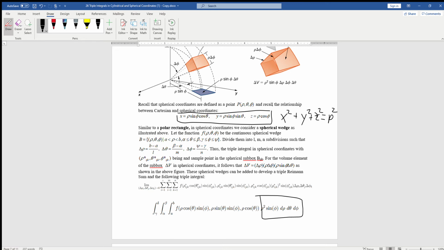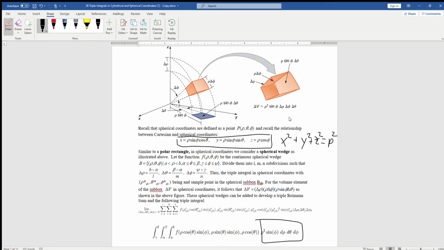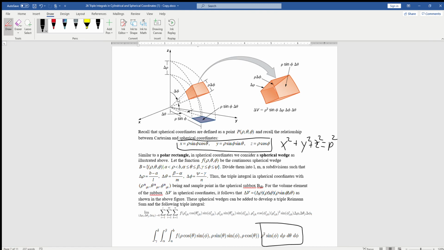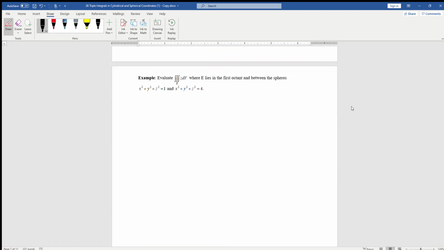All right, and you can see geometrically that to get to the spherical wedge, we need a change in phi, we need a change in theta, and then the rho squared sine phi is going to be a result of getting the projection onto the xy plane of that wedge. All right, so let's take a look at a couple examples of utilizing spherical coordinates to evaluate triple integrals.